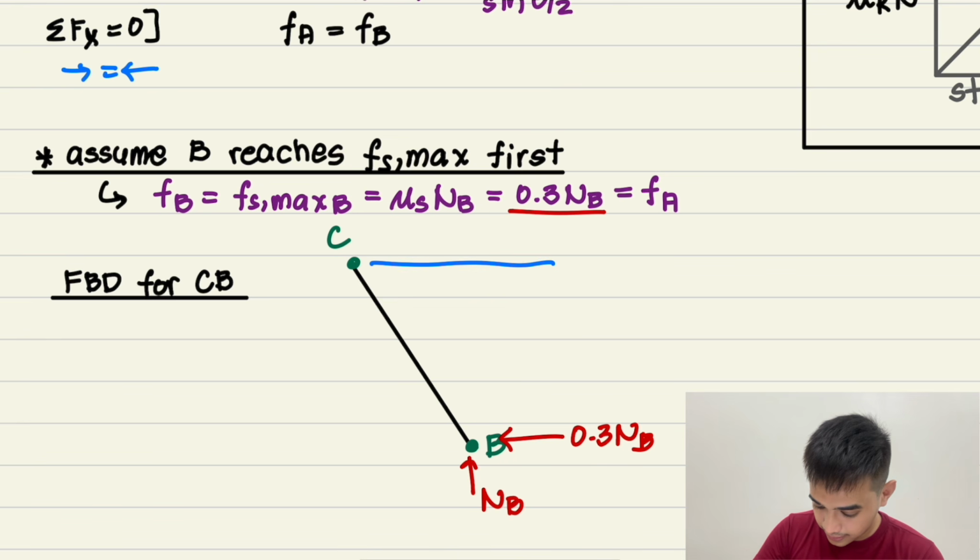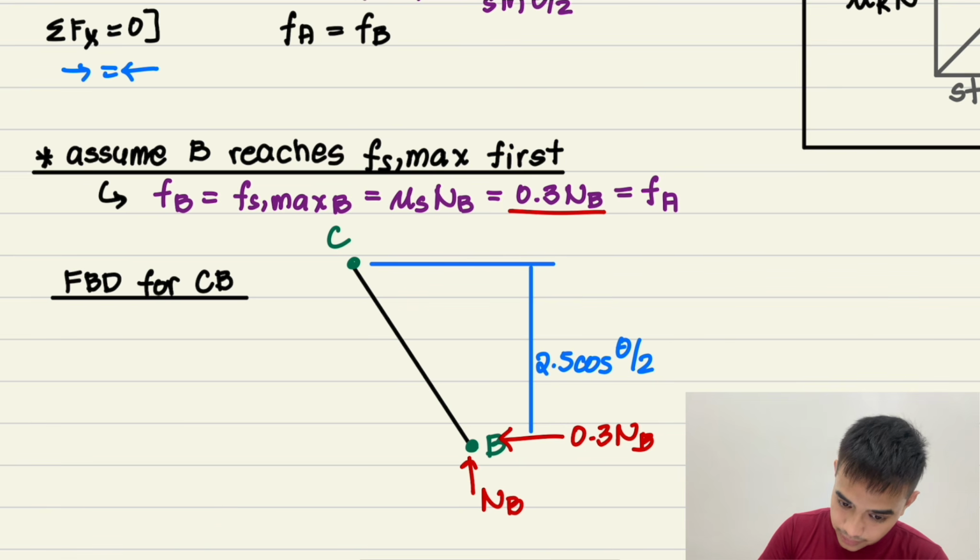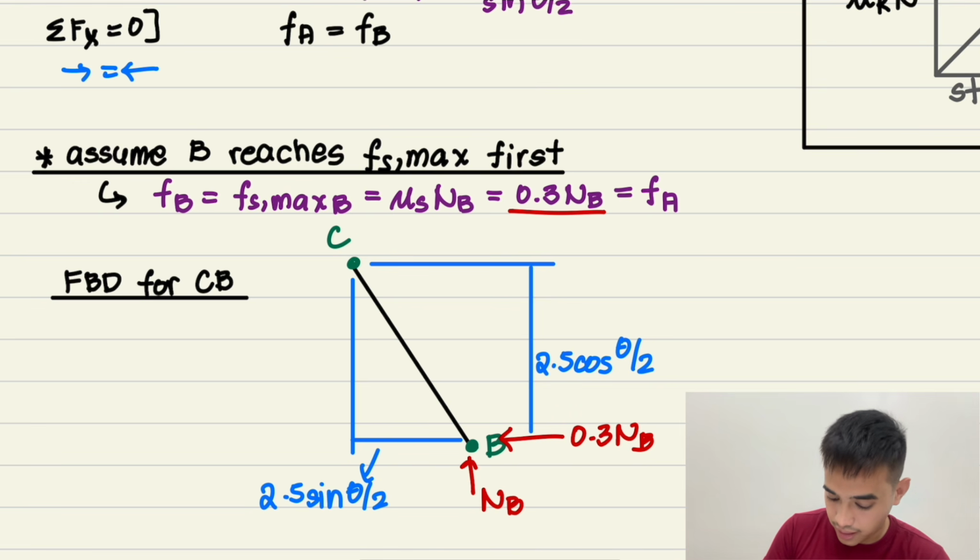And I'll just put the dimensions real quick. So it's 2.5 cos, and here it will be 2.5 sine half theta.